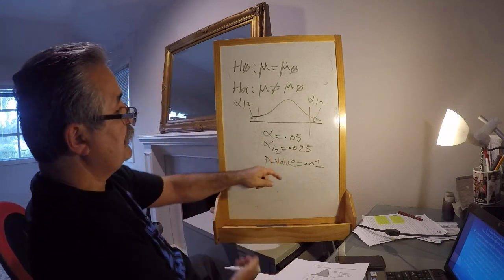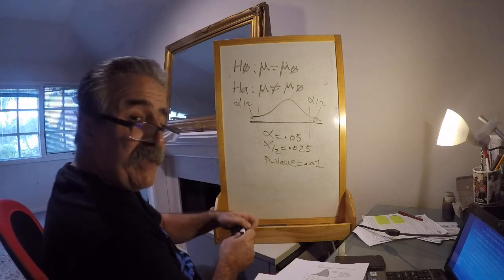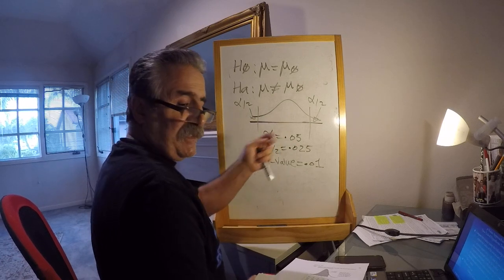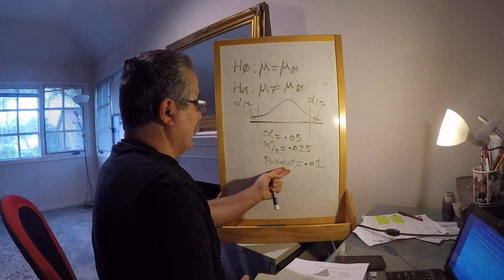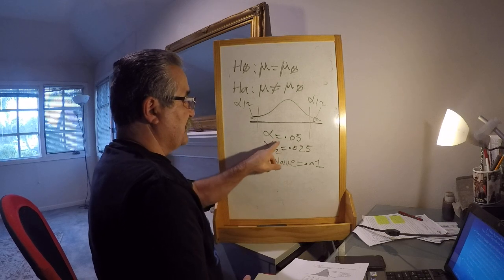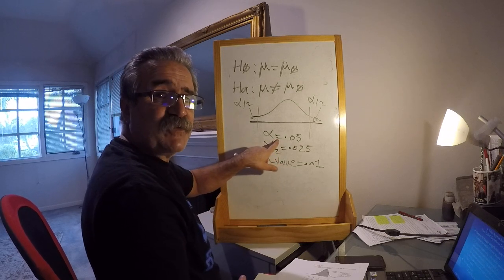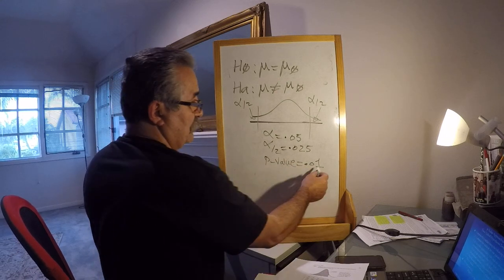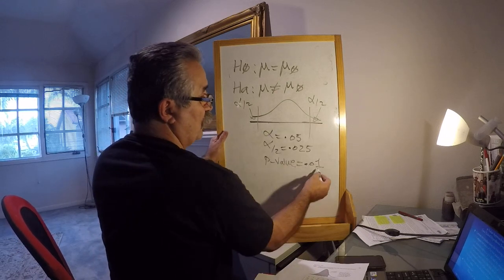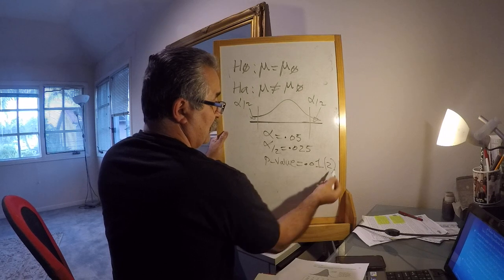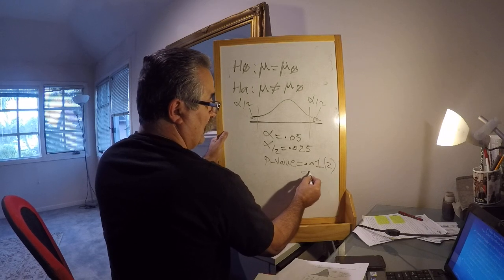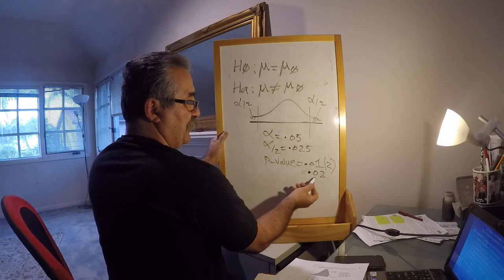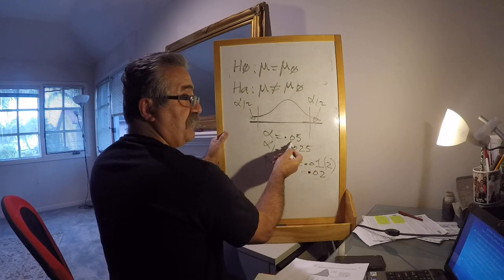If you want to compare your p-value in two-tailed hypothesis testing against the total value of the alpha, which is 0.05, then you must multiply that by 2, because this is always only for one side. Multiply by 2, that will be 0.02. So you compare 0.02 against 0.05.